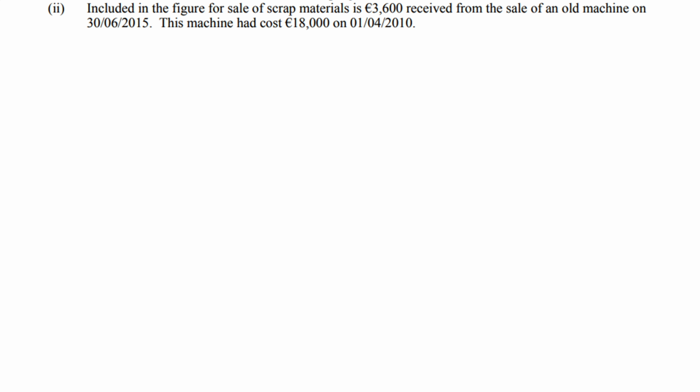Okay, adjustment number 2. Included in the figure for sale of scrap materials is €3,600 received from the sale of an old machine on the 30th of the 6th 2015. This machine had cost €18,000 on the 1st of the 4th 2010.